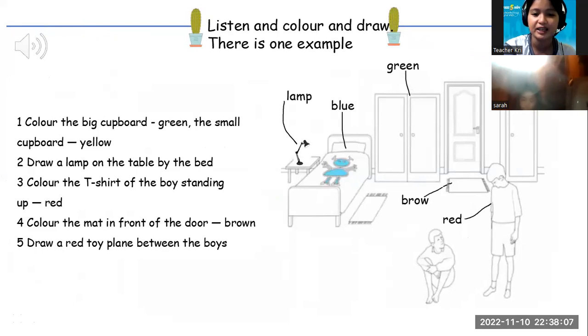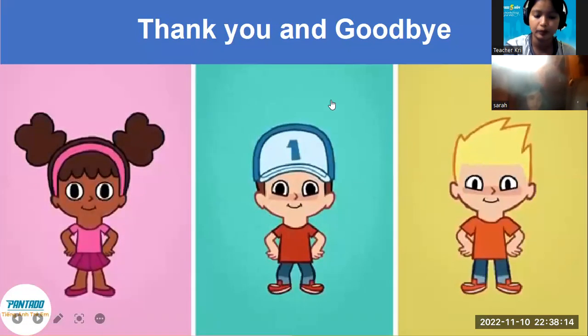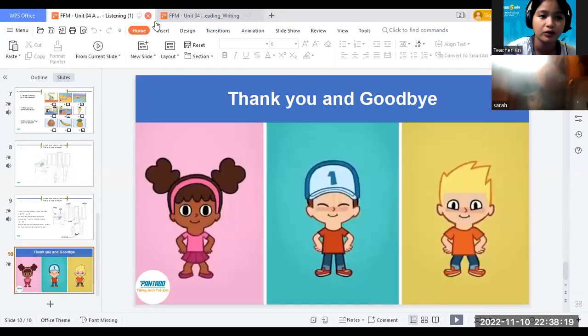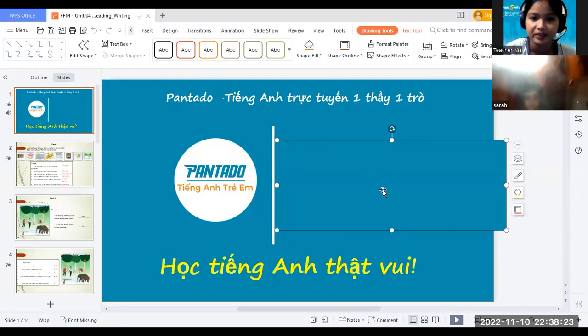Okay, so this time we will be moving to the next one. We are in letter B. So in letter B, we are focused on reading and writing. Okay, so let's start letter B.